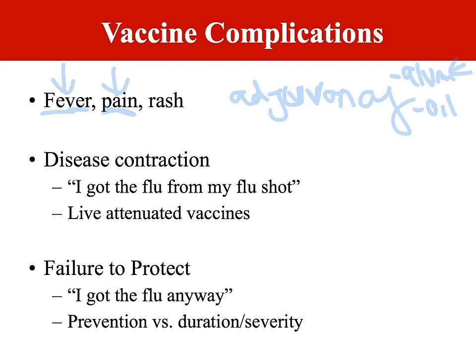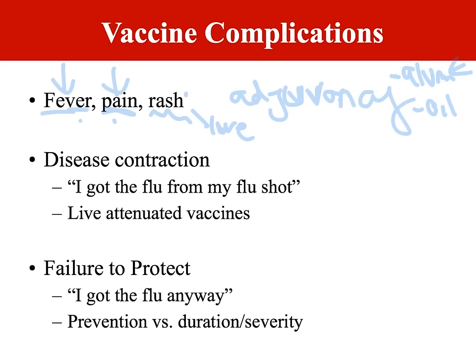So another minor complication that you sometimes see is a rash at the injection site, and you particularly see this with live attenuated vaccines, such as measles, such as chickenpox. These also tend to go away in a few days. They can be readily controlled, obviously, with NSAIDs.